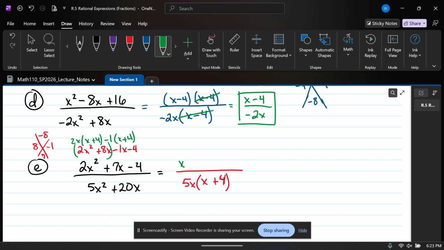Hopefully you're getting an x plus 4 and a 2x minus 1 when you factor the numerator there.